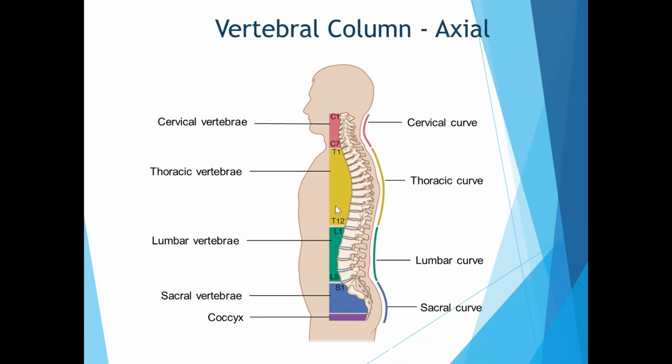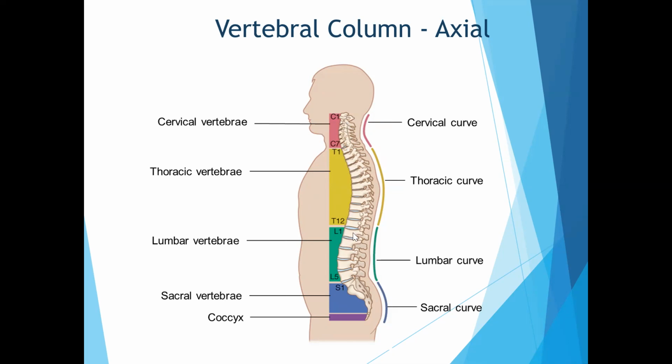So each section has a different number of vertebrae. The vertebrae are each individual segment here. So your cervical vertebrae, there's 7 there, C1 through C7, they're named by the number. Your thoracic spine is T1 through T12, so there's 12 vertebrae.